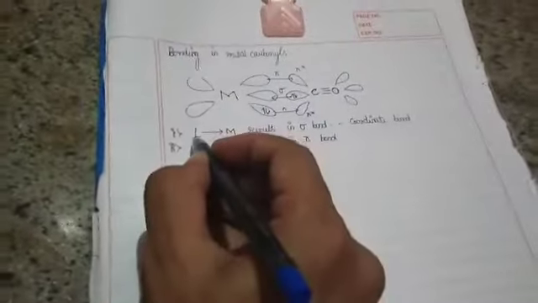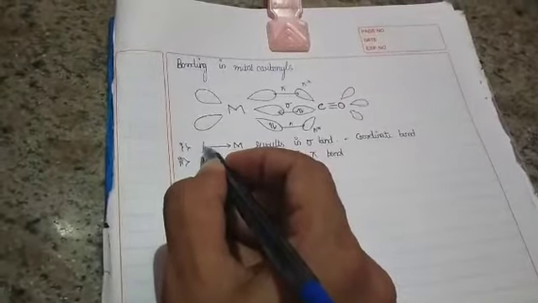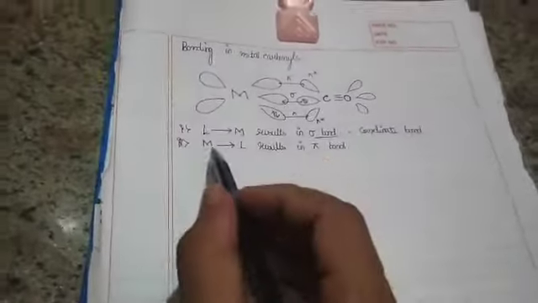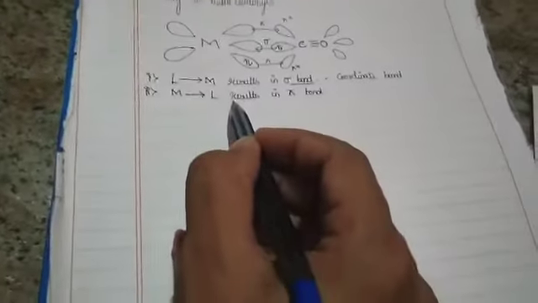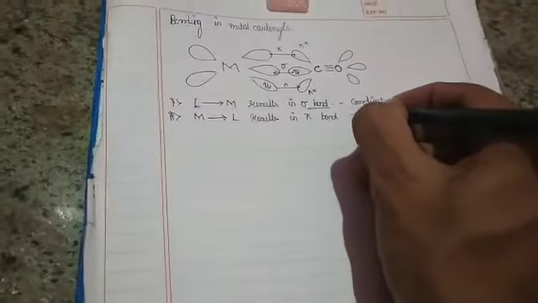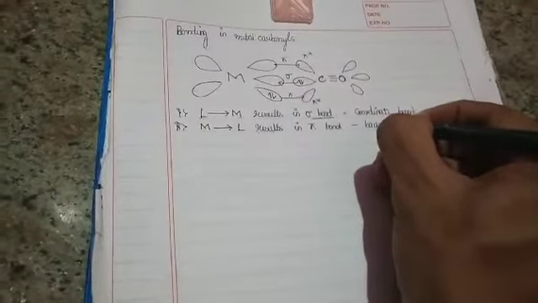When the bonding takes place from ligand to metal, the transfer of electrons from ligand to metal results in the formation of a sigma bond. But when it takes place from metal to ligand, that results in a pi bond, which is called back bonding.